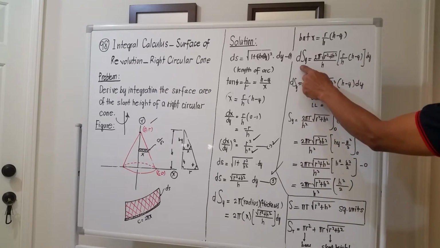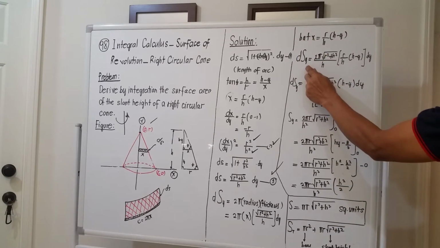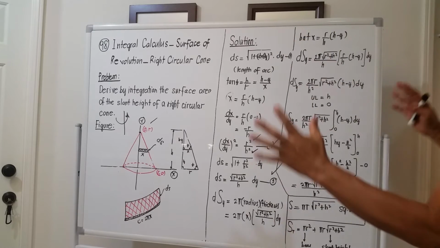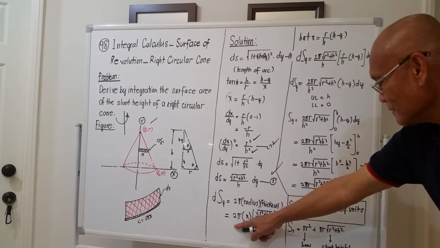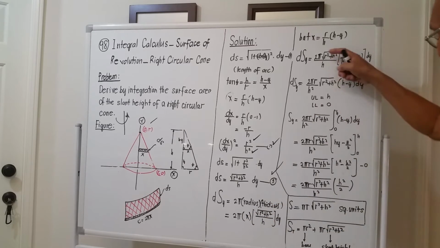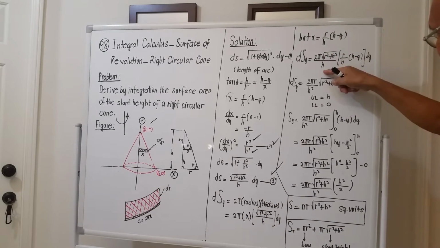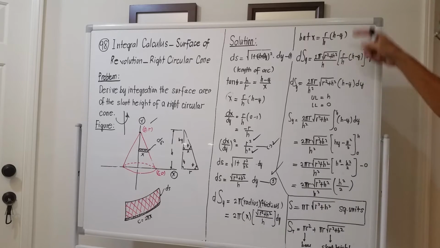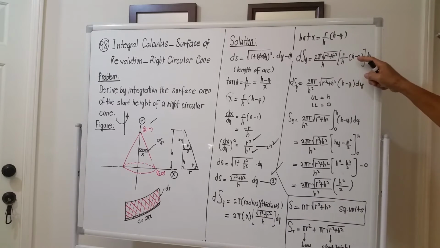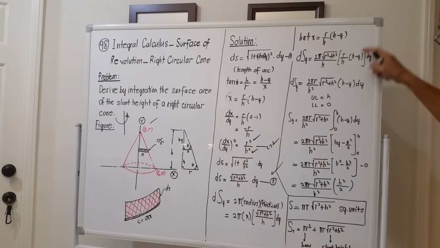Therefore, the differential surface area rotated with respect to the y-axis is equal to, I just compress the constant terms, 2 pi, the square root over h, times the value of x. But what is x? It is r over h times the quantity h minus y, times dy.